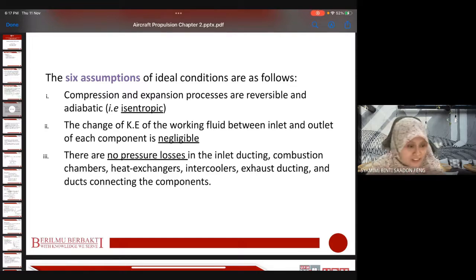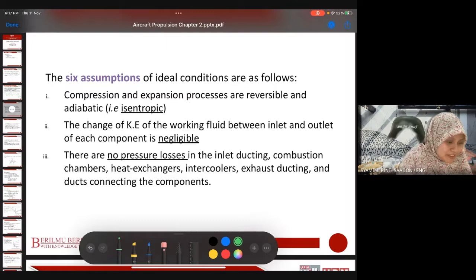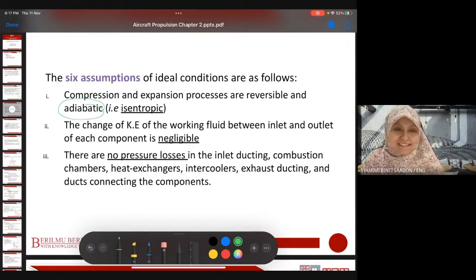Adiabatic is a term that outside thermodynamics we seldom use, right? Reversible maybe we use. Adiabatic means no heat transfer between the system or control volume that we choose, or the cycle or the component, with the outside. We assume that there's no heat transfer.